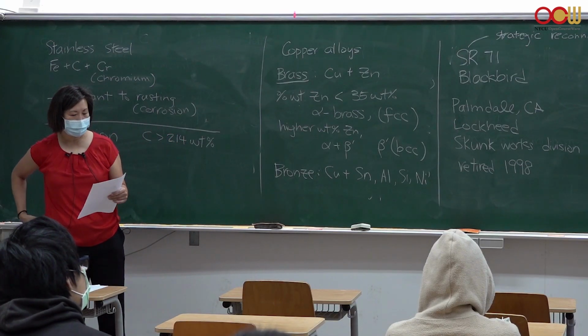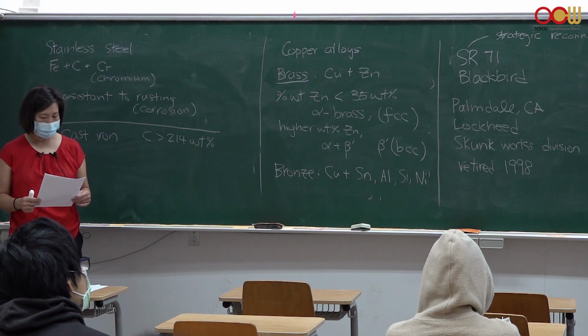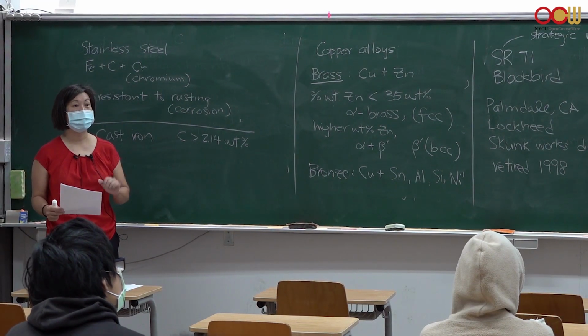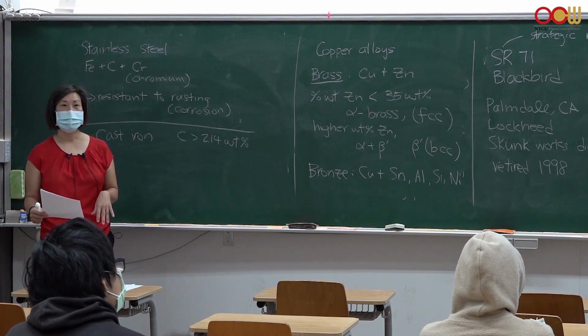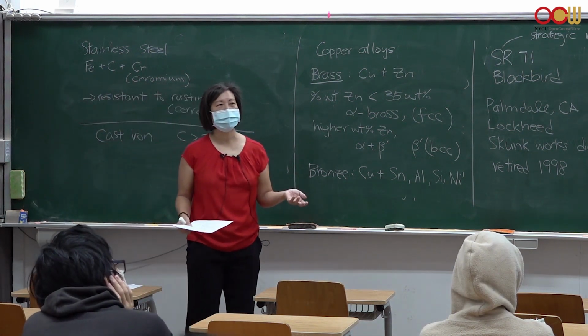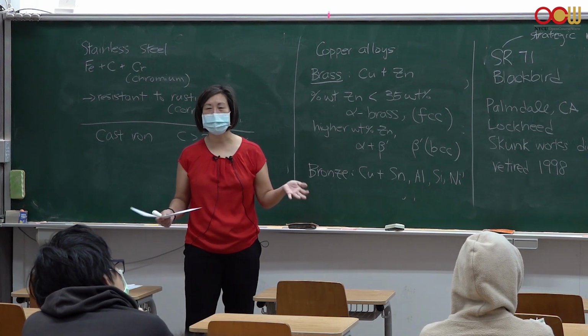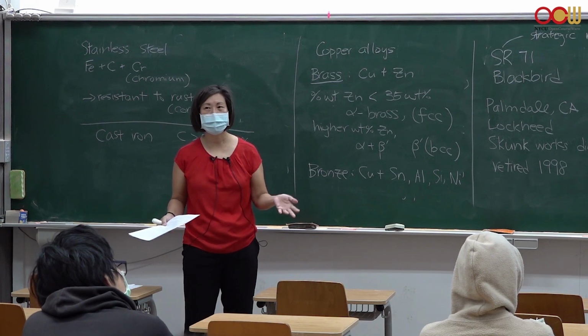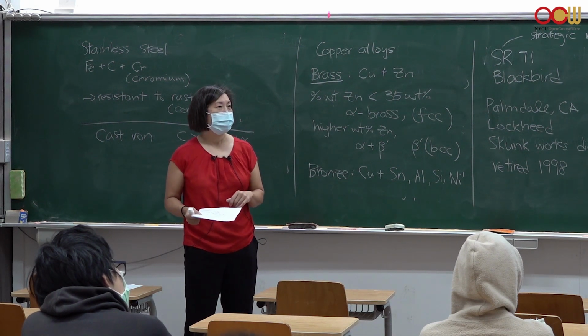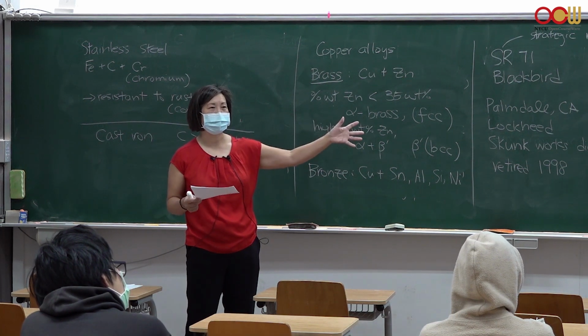It's the highest flying aircraft, and it is the fastest flying aircraft still today, even though it was built in the 1960s. They no longer use it because now they use satellite reconnaissance and drones. This is a human-piloted airplane.